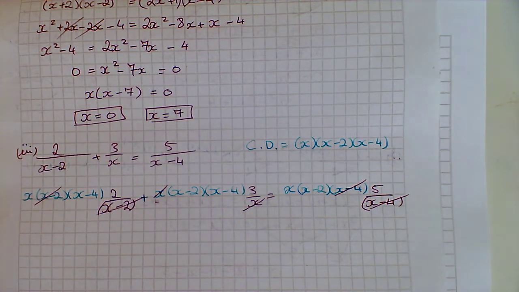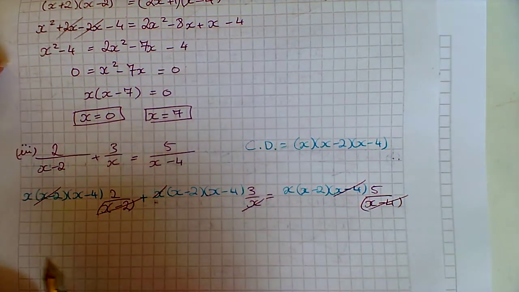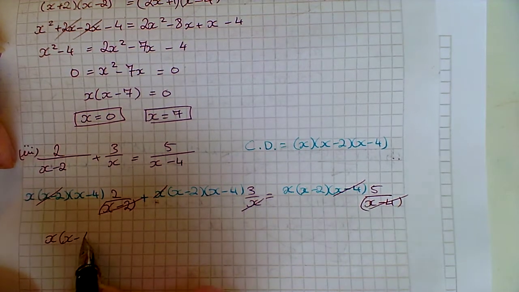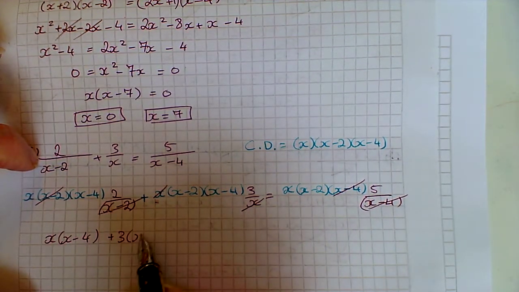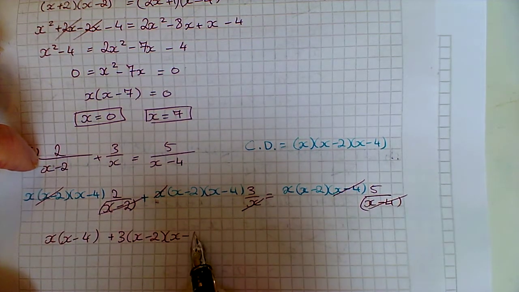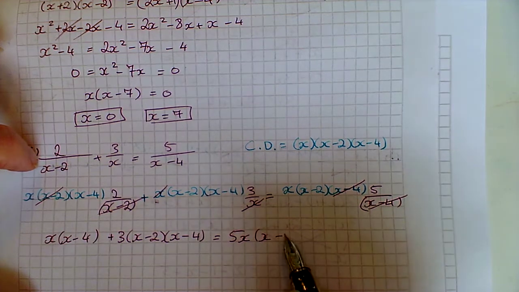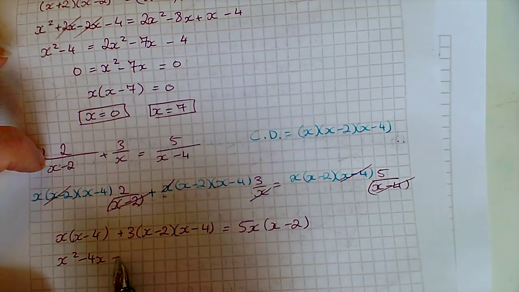And I don't actually end up with a cubic because there's only 2 x terms in each of the multiplications that I need to do. So I have x by x minus 4 plus 3 by x minus 2 by x minus 4 equals 5x by x minus 2. And I need to multiply out my brackets.